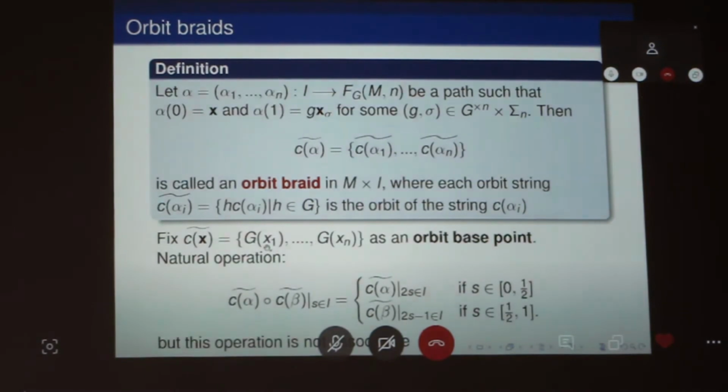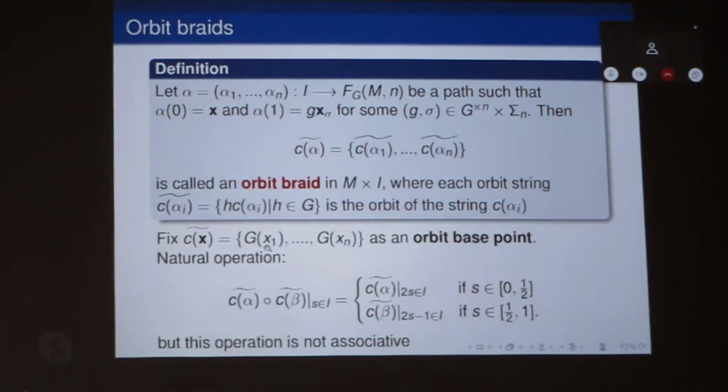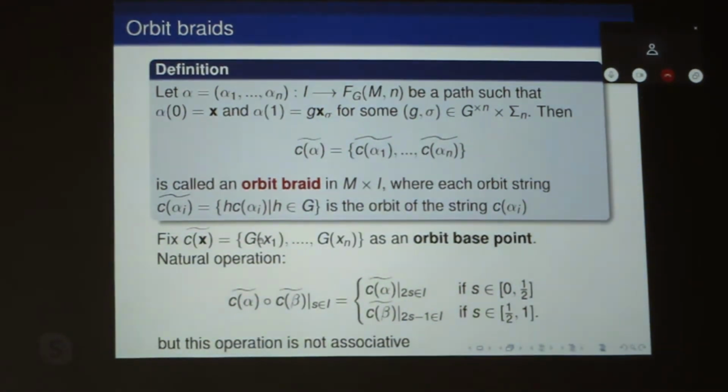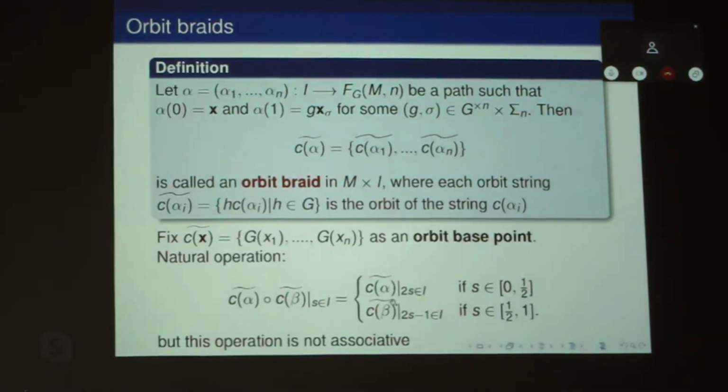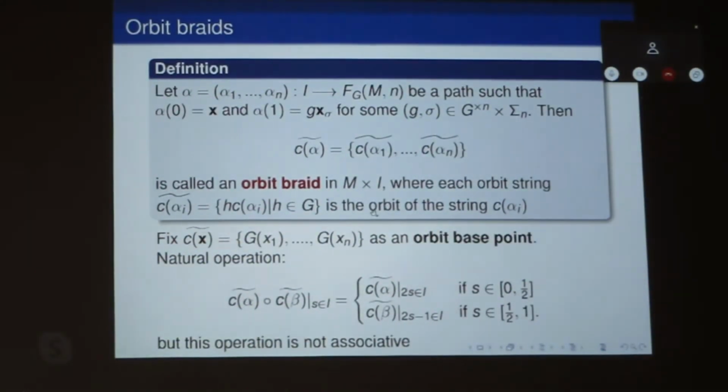Here are the orbits of the base points. There is also a natural operation. You can use two orbit braids to do this.